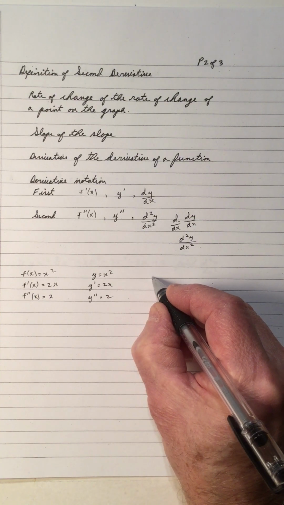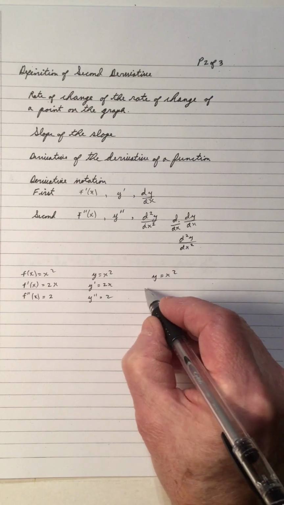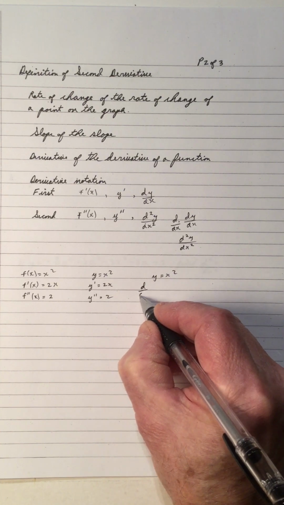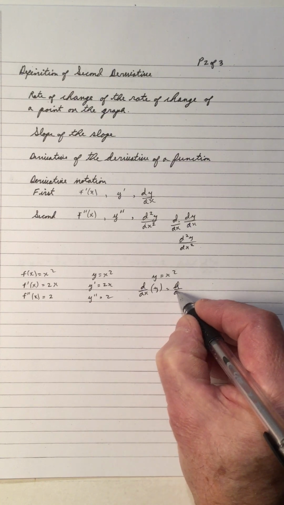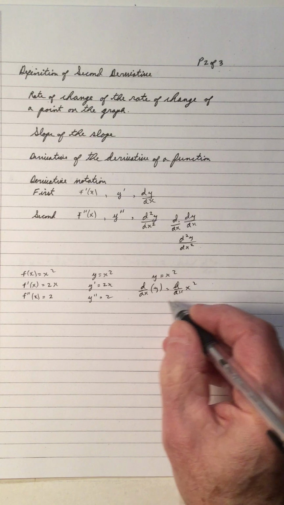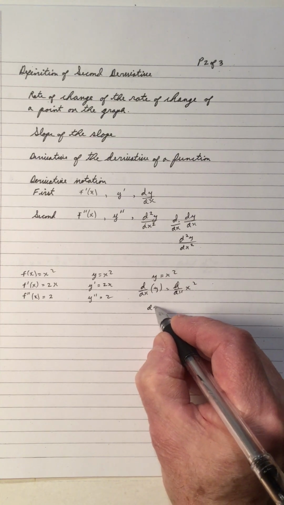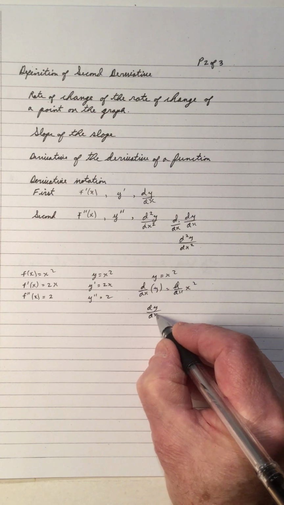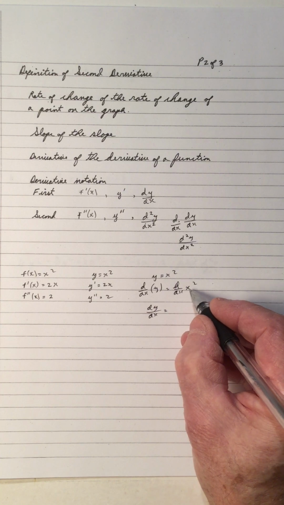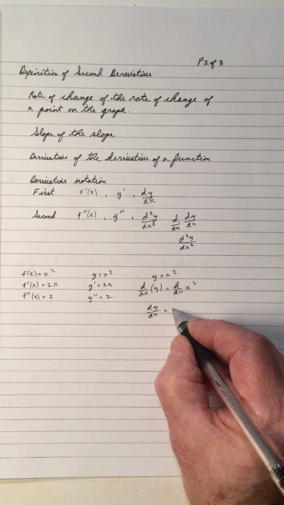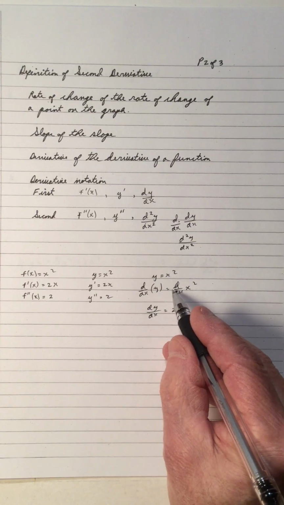And if we have y equals x squared again, and we use d dx on the y, that's d dx on x squared. So we have dy dx right here, and the derivative of x squared in terms of x is just 2x. So I'm just explaining. This is one you have to get used to here.